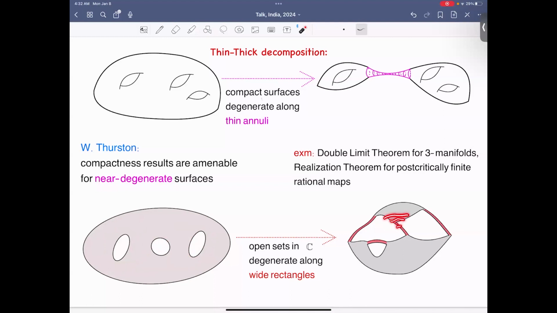The statement is that all of them, except for some additive constant that depends on the complexity, will be in finitely many disjoint rectangles. So there will be finitely many disjoint rectangles that witness how an open set of finite type degenerates. Because it can also degenerate along thin annuli, and another possibility is along thin annuli that surround some hole.